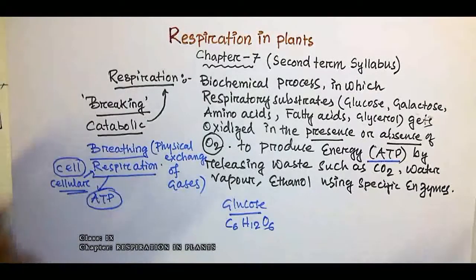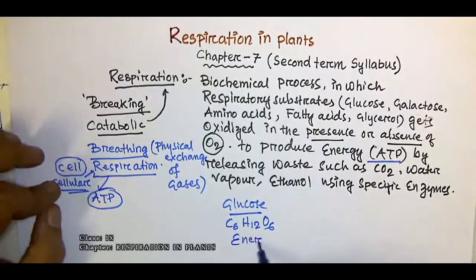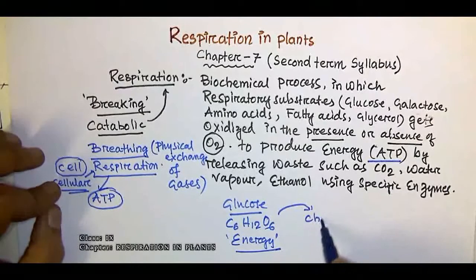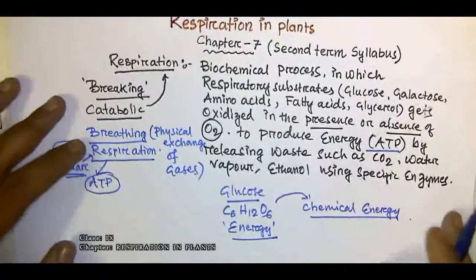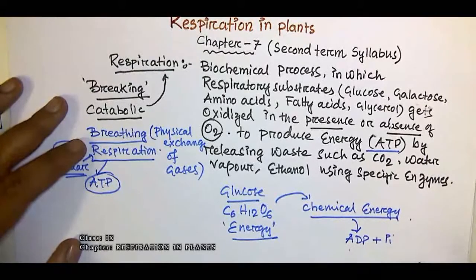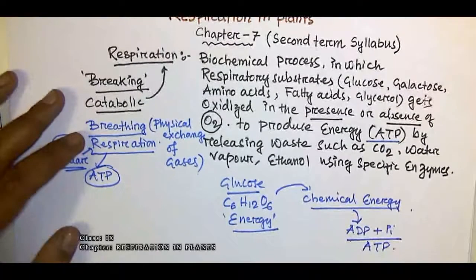Every chemical bond contains some amount of energy. So in the process of oxidation, we are going to release that chemical energy, and this chemical energy is stored when adenosine diphosphate is added with a phosphate ion to make ATP.